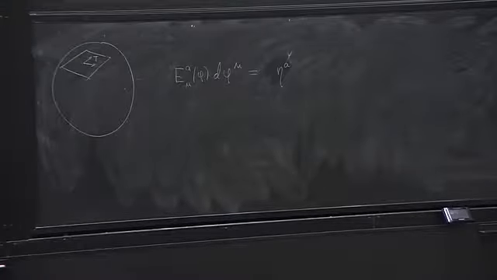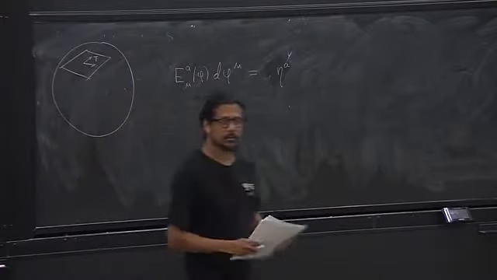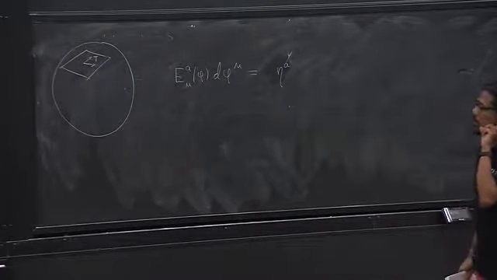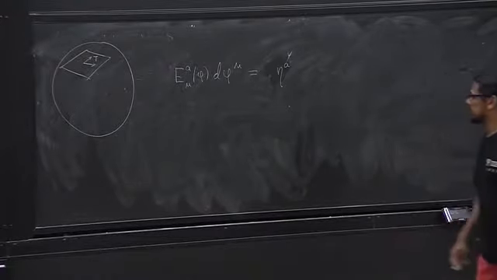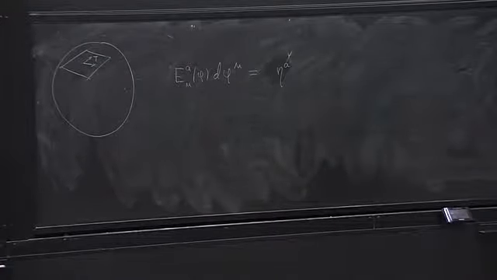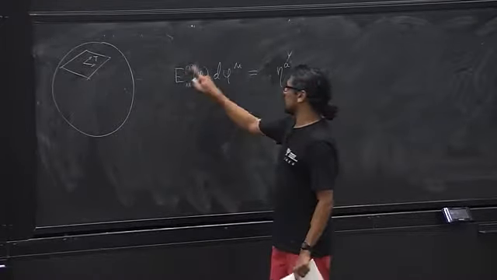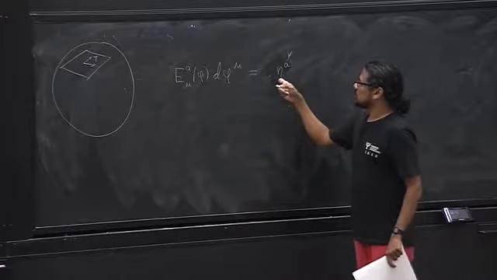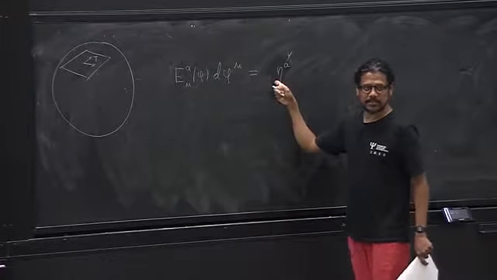Is E a tensor that's defined by the group element G? Sorry? Is E defined by the group element G? So the E is, okay, what the E does is that it gives you a basis of one forms.